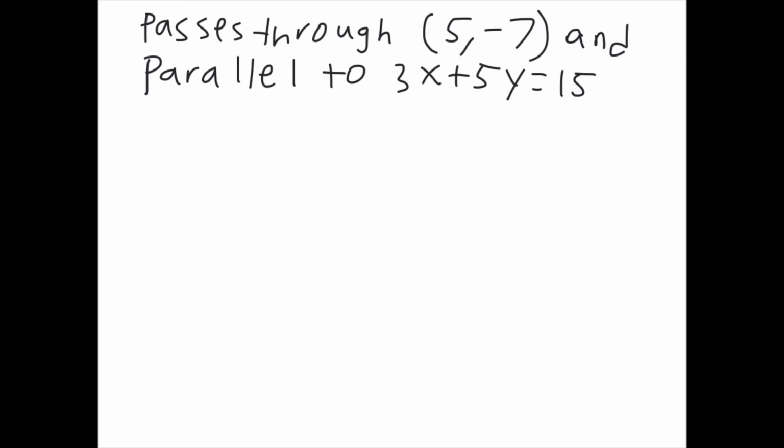So first, we're going to subtract 3x from both sides, which will give us 5y equals negative 3x plus 15.